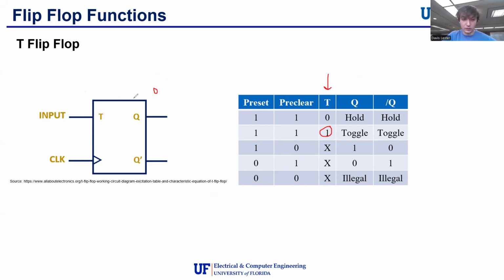However, if we have a 0 and we have the input T of 0, the 0 is going to stay because it didn't toggle, which you can kind of see in the truth table here. So when T is 0, it holds, and when 1, it toggles. And then again, you have the same functionality of preset and pre-clear, that when you preset with a 0, it's going to make it a 1. I guess this table is also wrong. And when I have a pre-clear, it's going to make it a 0.